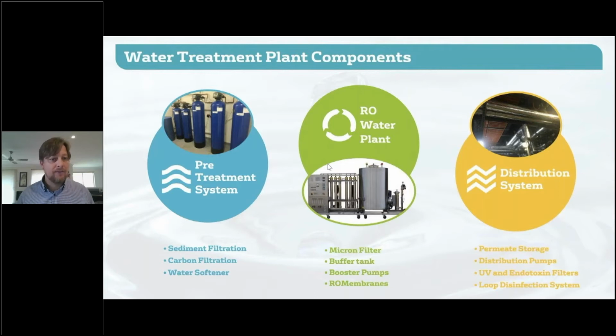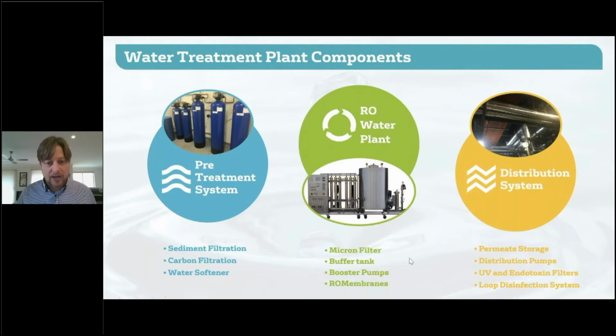So you have your pre-treatment system for your water, which is sediment filtration, carbon filtration, water softening before your RO plant. Without your pre-treatment system, your RO plant will either not work and provide you the water quality specified, or else the RO plant will be quite costly in consumables and will not be as efficient as it should be.